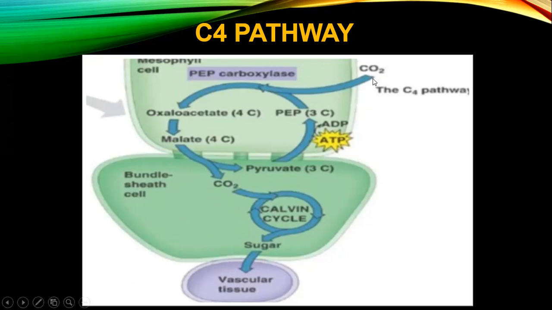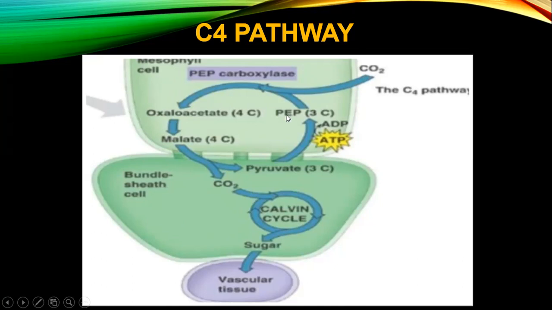So carbon dioxide is basically absorbed from the air into the mesophyll cells, okay? Mesophyll cells are in contact with the air. Now carbon dioxide over here combines with a 3 carbon molecule, which is called phosphoenol pyruvate, okay?